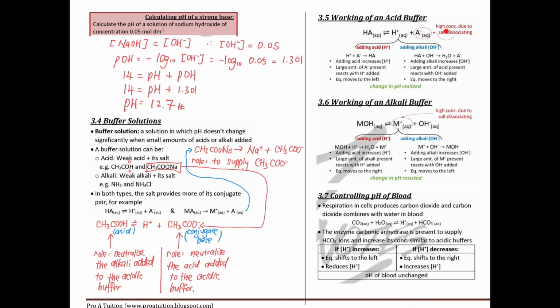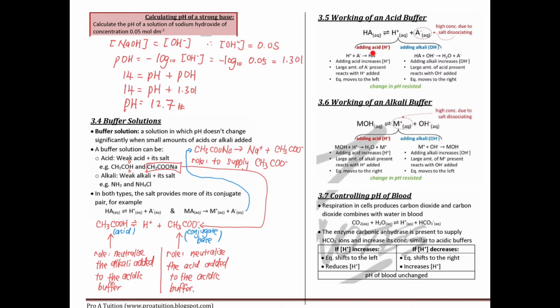So that's why you see here a high concentration due to the salt dissociating. Our salt dissociates to this and this. This supplies a large amount of A minus, the anion, from the salt. So now you have a large amount of A minus, and a large amount of acid also.